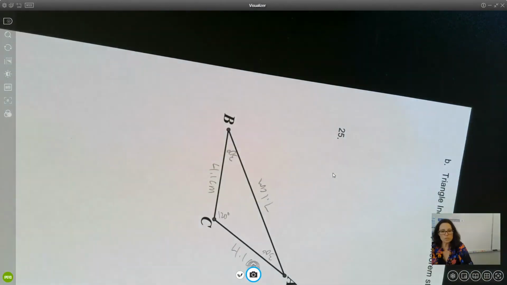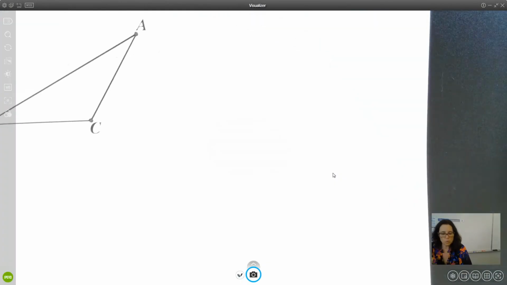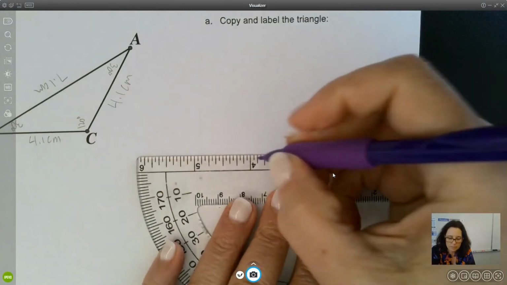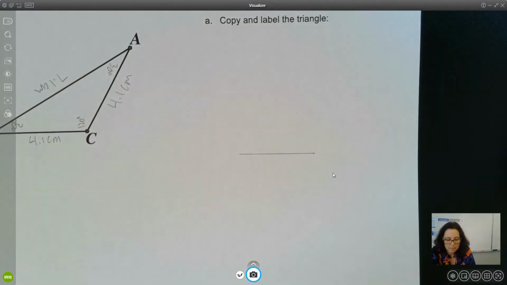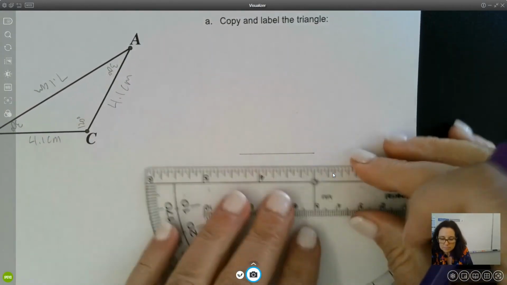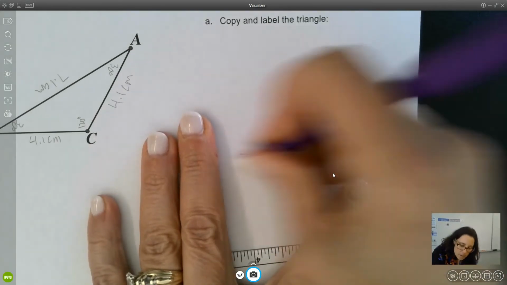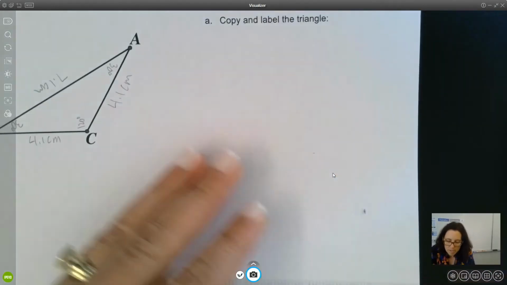All right, so that's what we're duplicating. So we're going to start with, I better make that a little longer. Start with just a segment here.